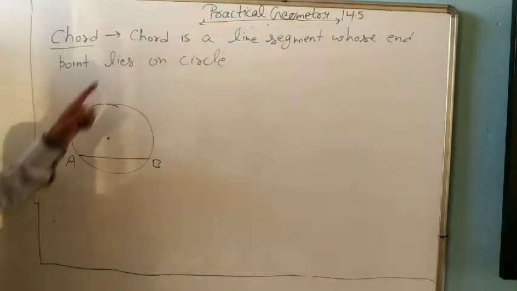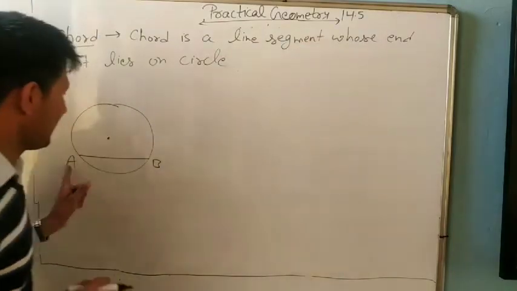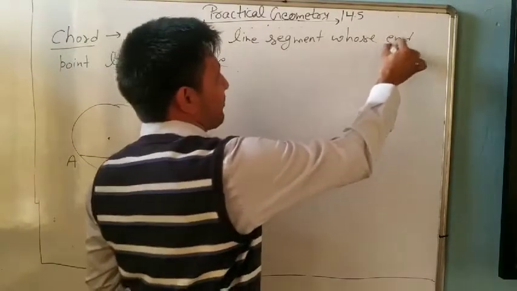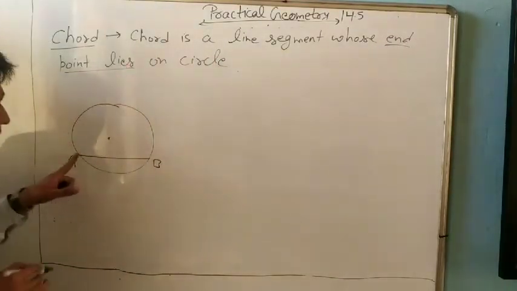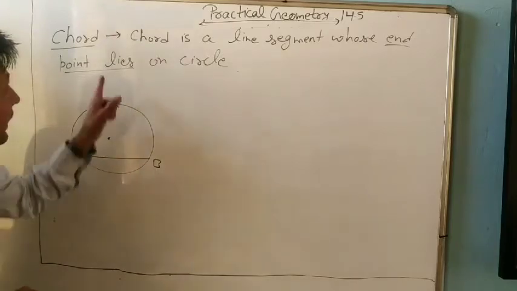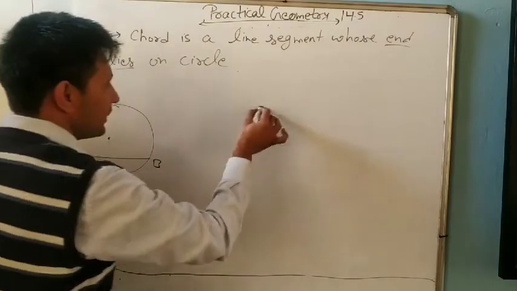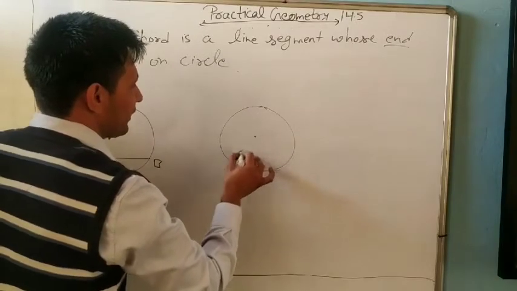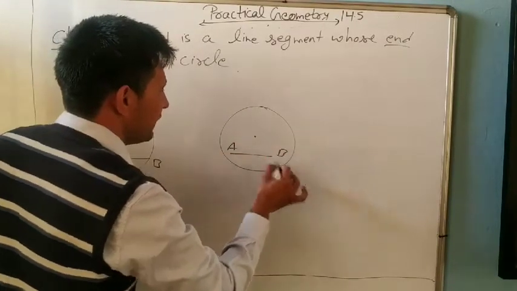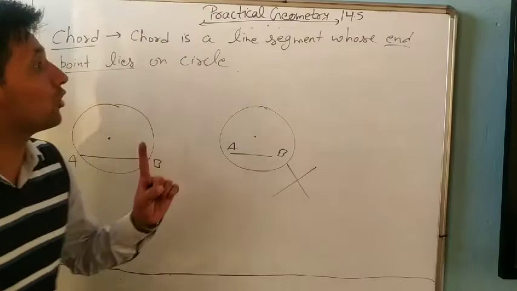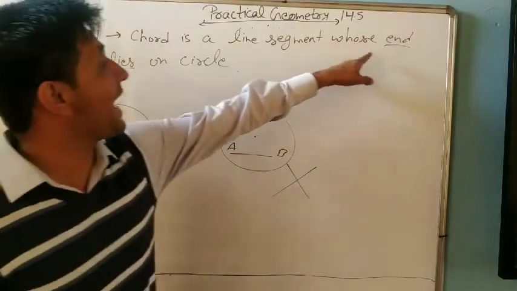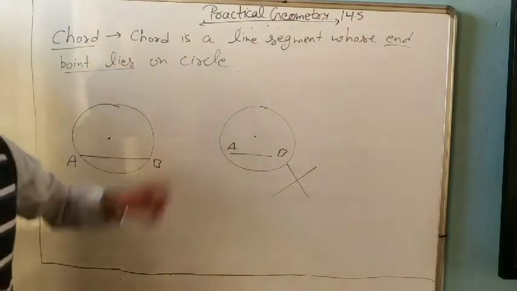Everyone now look. A chord is a line segment. AB is a line segment whose end points A and B lie on the circle. Look, if I say it is the center, it is A and it is B, it is not a chord, because we know a chord is one whose end points lie on the circle.